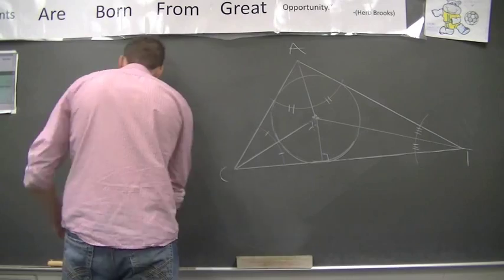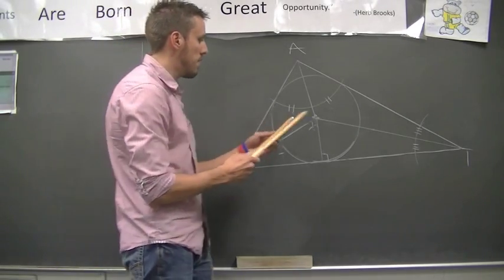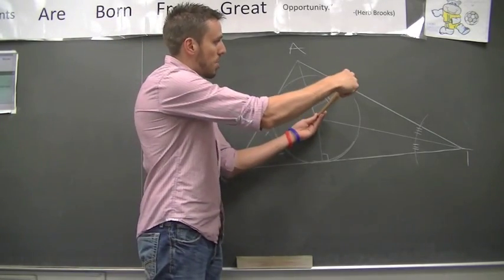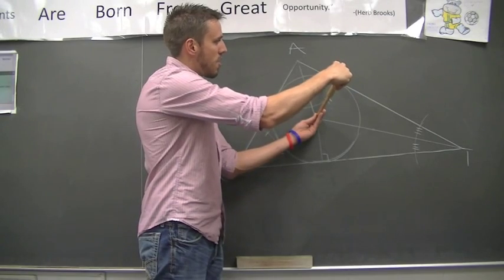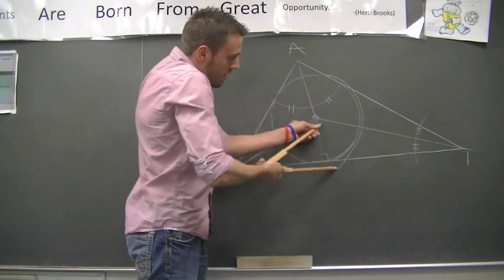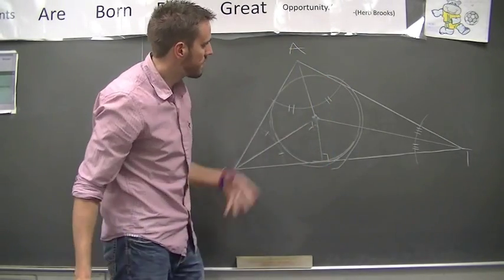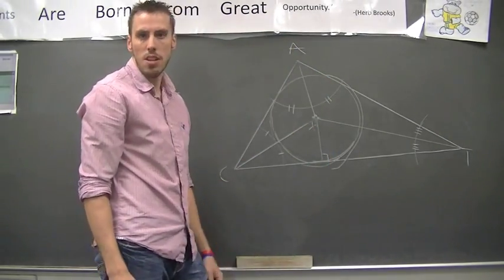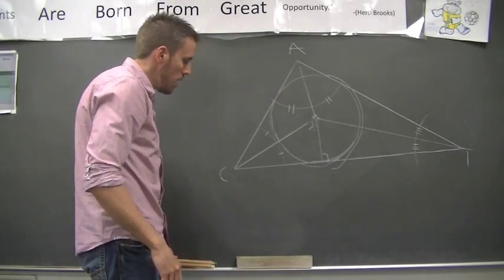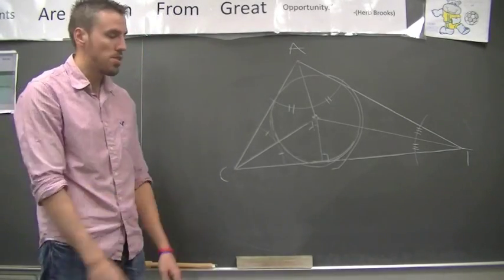The thing I do not want to see is something like this, where you just go, okay, this kind of looks like it's touching, and then we're going to go like this, and you have a very crappy circle. So I want to see a little bit more neatness. But that's incenter, and that's also inscribed circle.